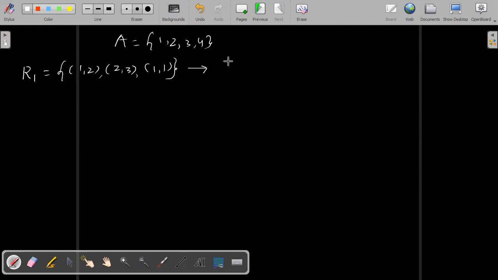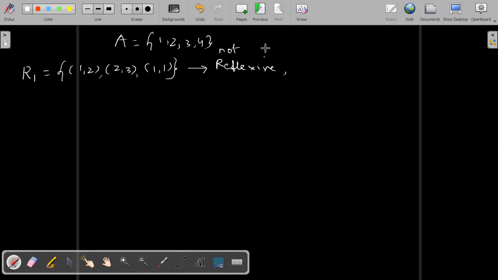How to check? We can start from reflexive. What is a reflexive relation? It is not reflexive because (1, 1), (2, 2), (3, 3), (4, 4) should be there. So it is not reflexive.